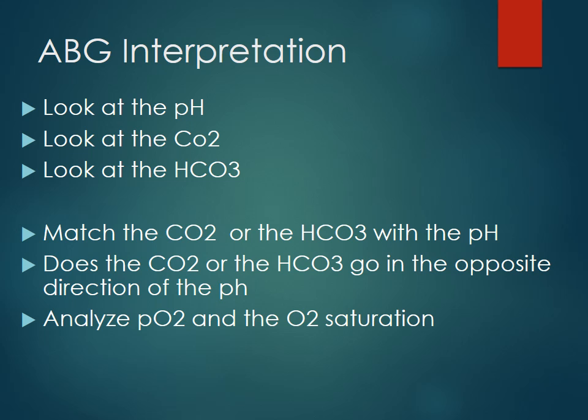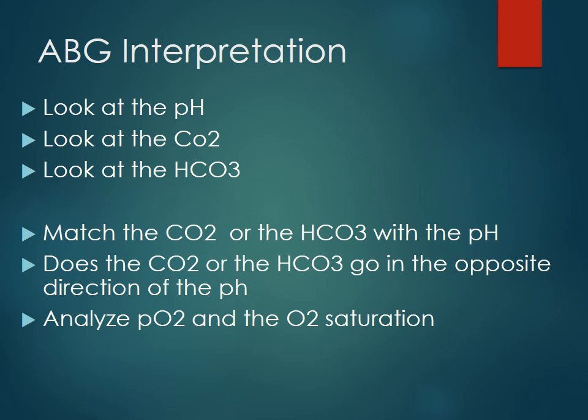For example, if the pH is acidotic and the CO2 is acidotic, and the HCO3 is alkalotic, so the pH is acidosis, the CO2 is acidosis, and the bicarb is alkalosis, then we realize that there is compensation taking place there.